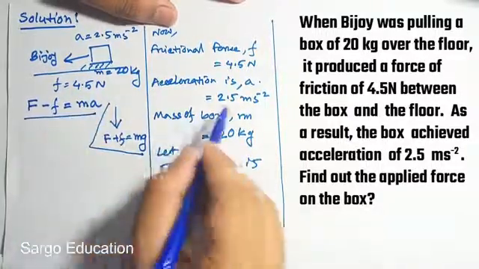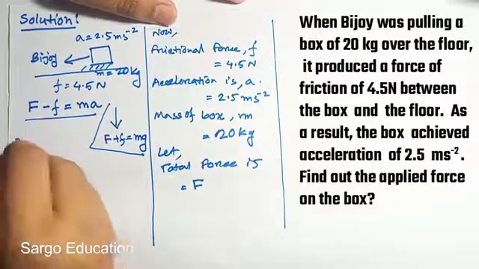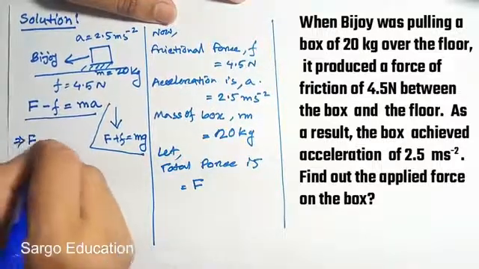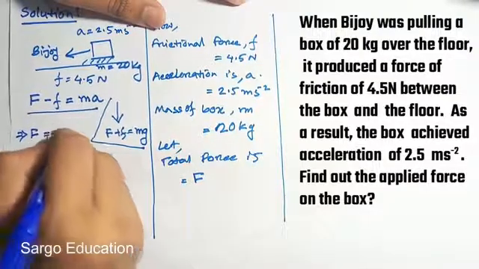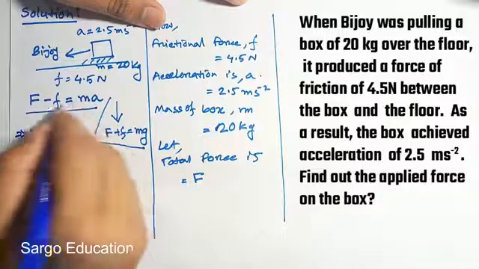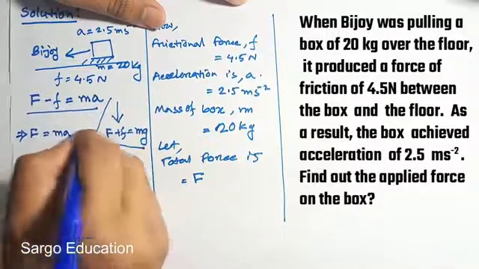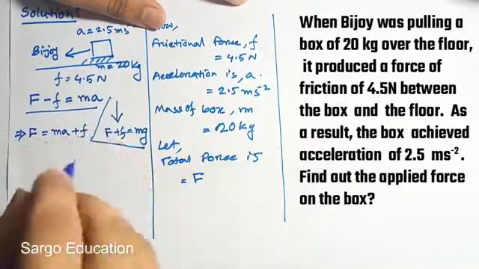Now we put in the values, where F is unknown. We have to find out the value of F. We write ma, and we transfer minus f to this side, so it goes to plus.